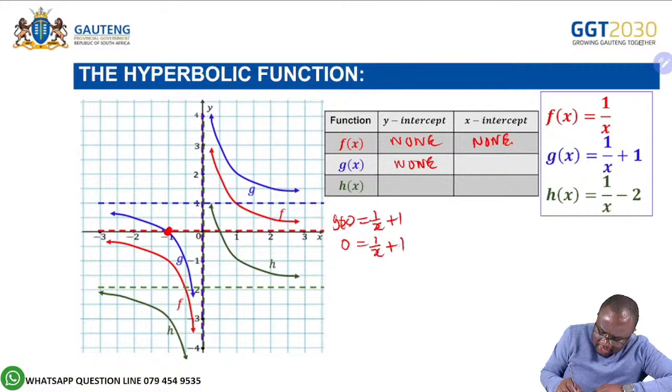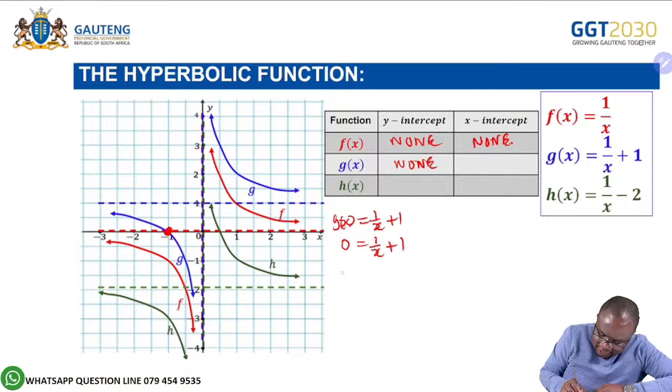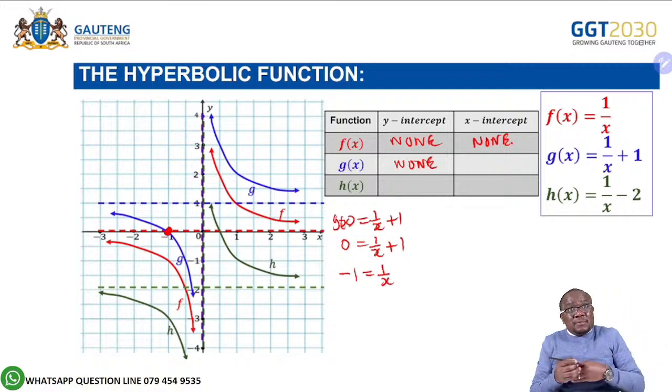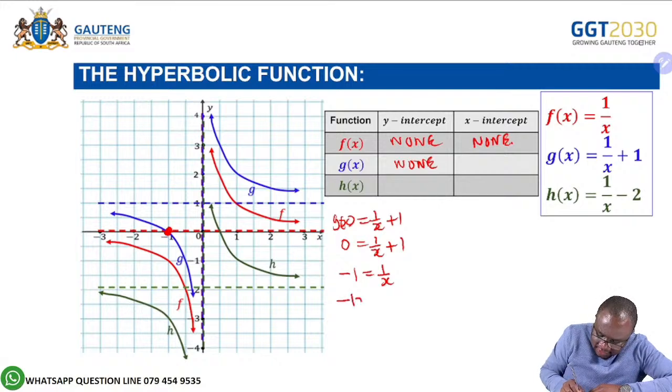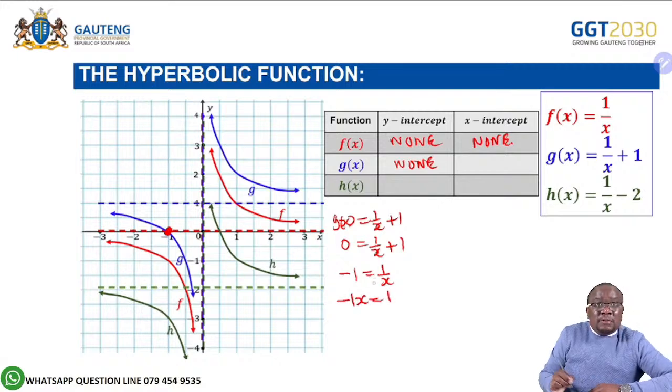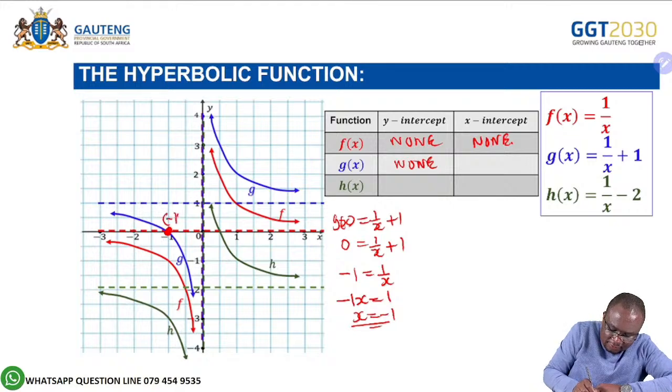Then we can bring the 1 this side, or subtract 1 from both sides. It is going to be -1 is equal to 1 over x. And then you can cross multiply or multiply by the LCD. -1x is equal to 1, because 1 over x times x is 1. And then divide by -1 both sides, x is equal to -1.